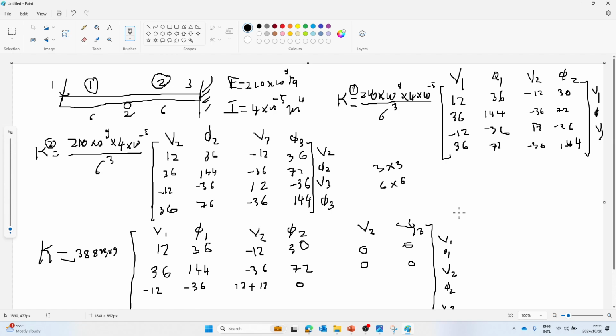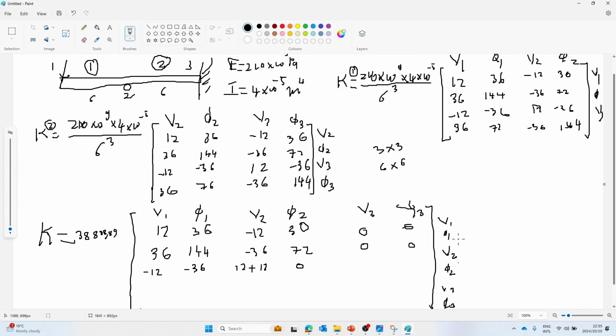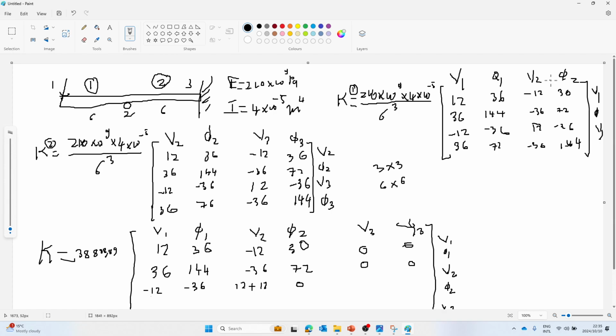This thing is actually easy, guys. Whatever you see that is the same, you add them. Like for instance, here we are between phi 2 and V2. Now you come, you check. Phi 2, V2, I have minus 36. In this equation, do I also have any phi 2, V2?